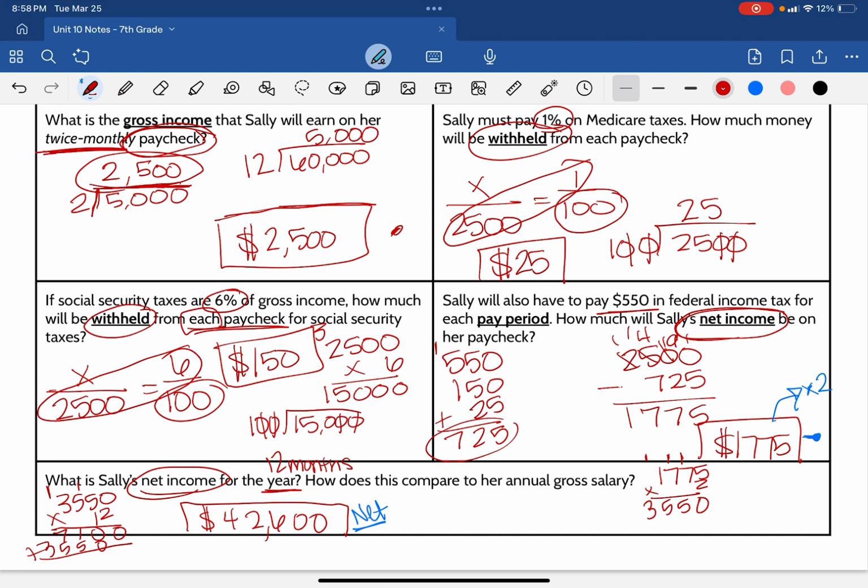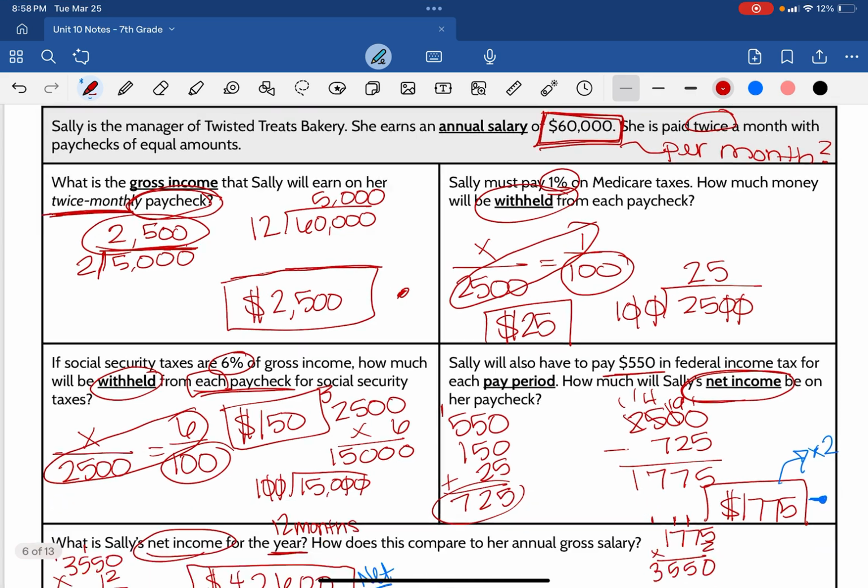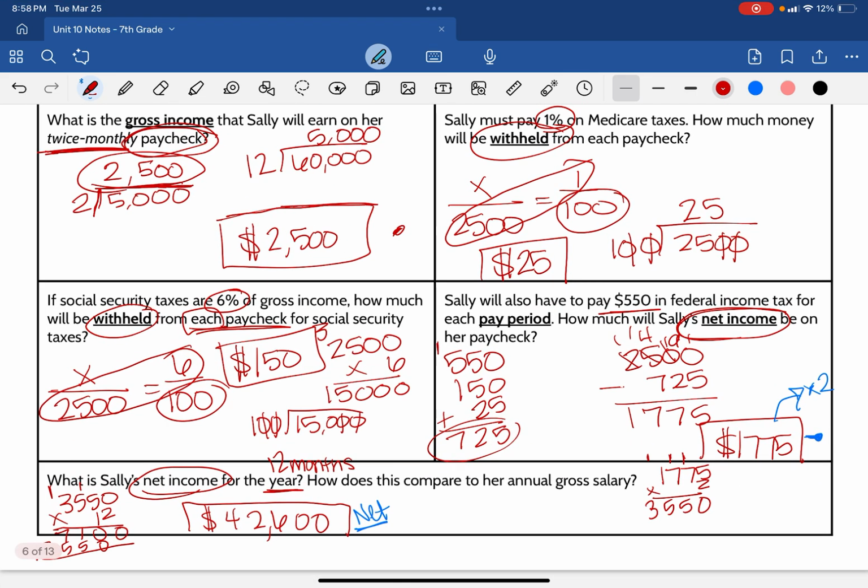Well, her annual is 60. How does this number compare to that number? The best way you can do this is just subtract. Let's subtract them. So if I make an annual salary of $60,000, but I only bring home this much, there's a $17,400 difference.